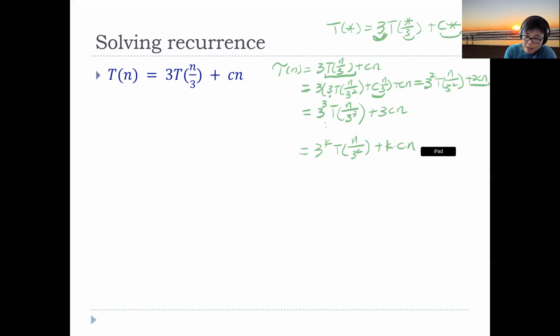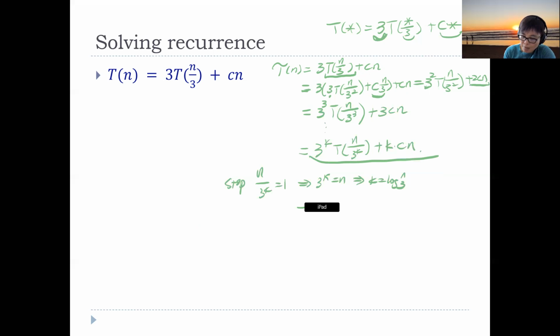The stopping criterion is the same, which means that 3^k equals n, so k equals log n base 3. This then becomes n times T(1) plus cn times log n base 3, and this is still dominated by the same order of n log n.